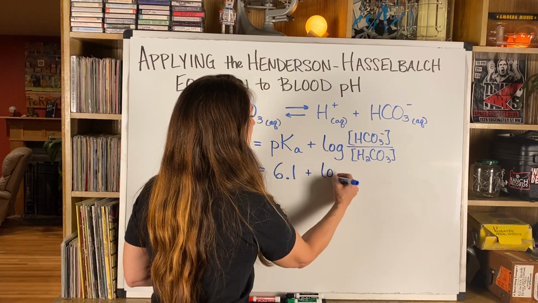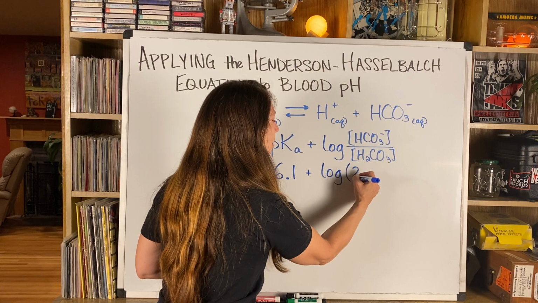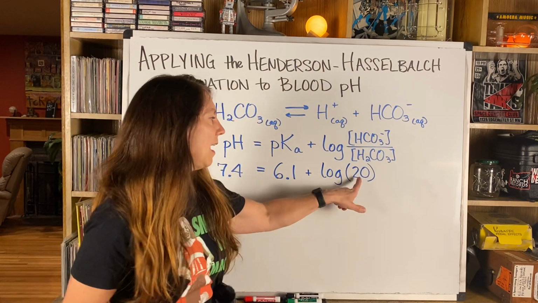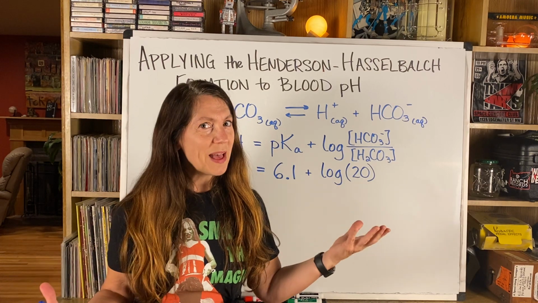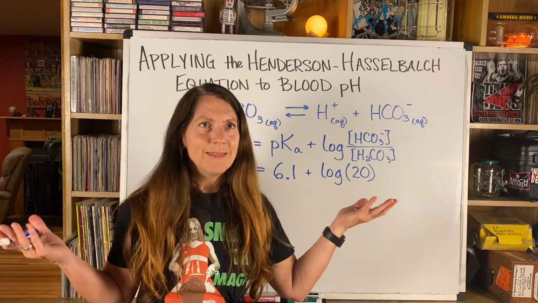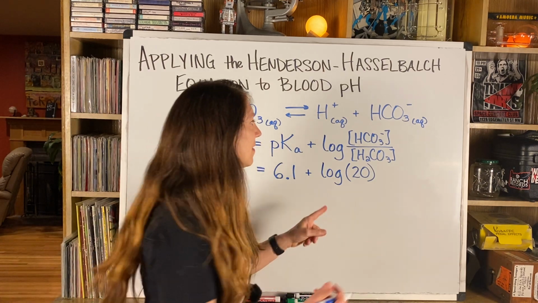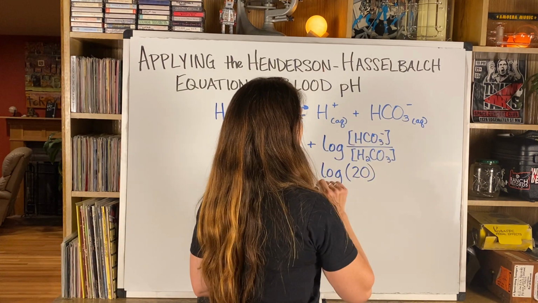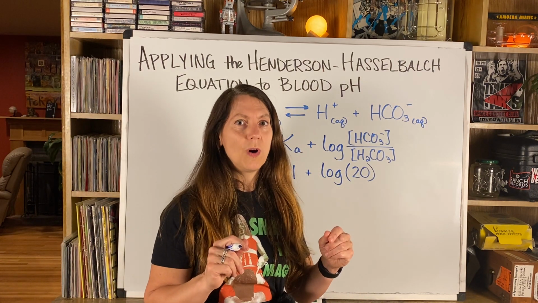So that is going to be something that is known, and it turns out that it has a value of about 20. Okay, what does that mean? 20. Okay, let's think of the significance of that. What it means is that we have this ratio here that is 20 to 1.